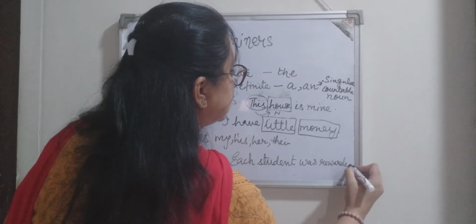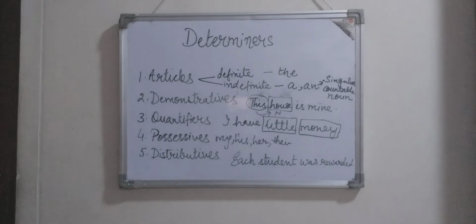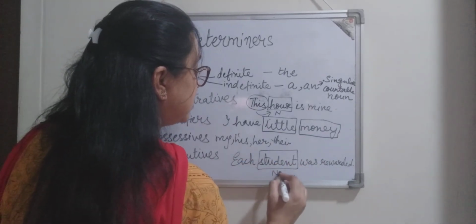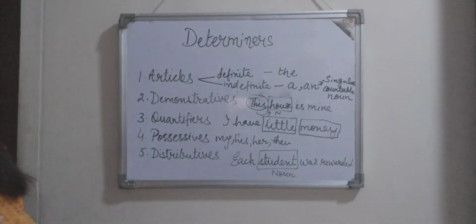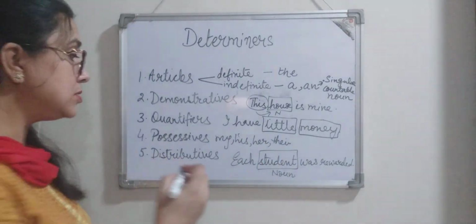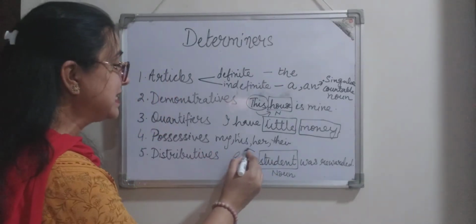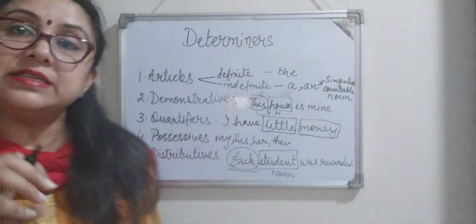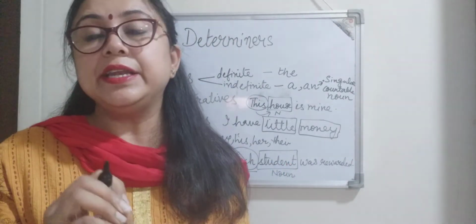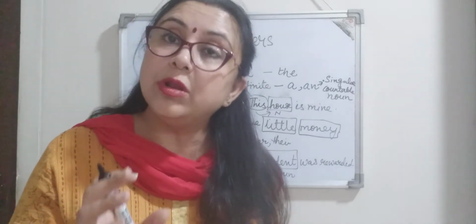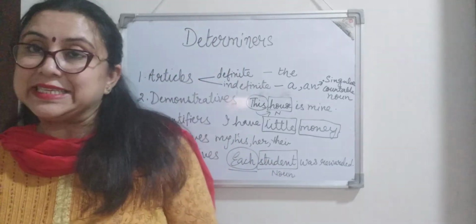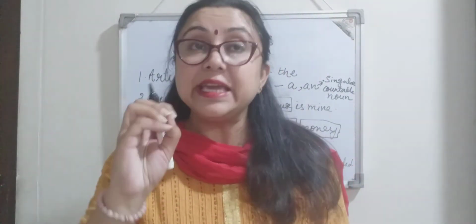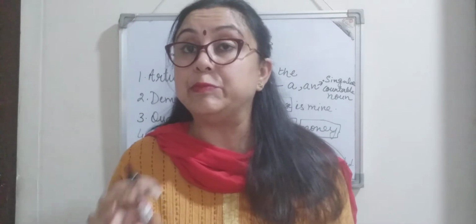So here in this sentence, of course, student is the noun, isn't it? Now, which word modifies the noun? Of course, the word each. So the word each here is talking about each individual present in the whole group, right? So basically, distributives are those words which indicate each member of a complete group.